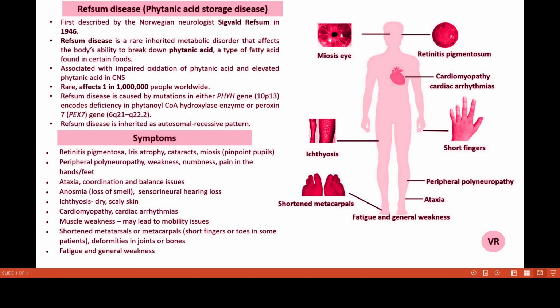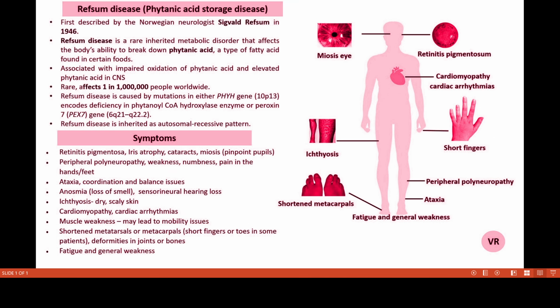Common features include vision-related problems, peripheral neuropathy, hearing loss, ichthyosis, skeletal and cardiac issues, etc. The pupil of the eye is often small in Refsum disease and does not respond well to light or drugs used to open the eye by optometrists. Progressive loss of night vision due to retinitis pigmentosa is a common and early symptom. Nystagmus and clouding of the lens of the eye may occur.